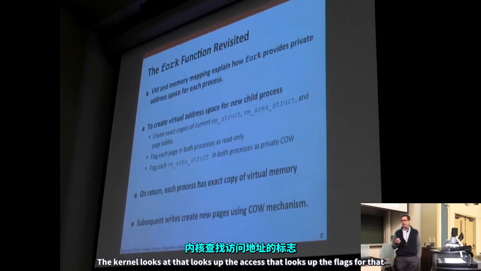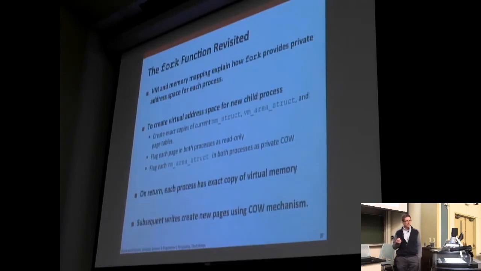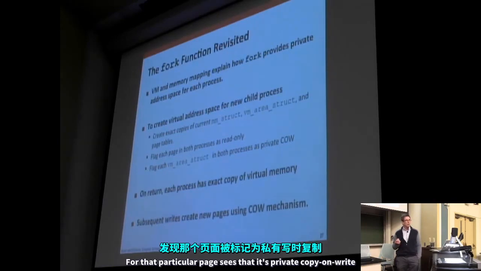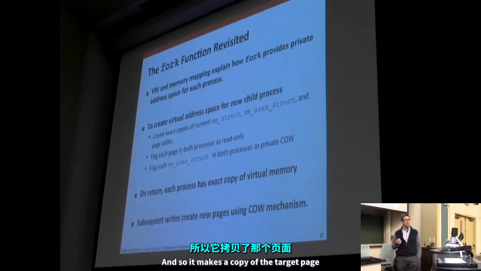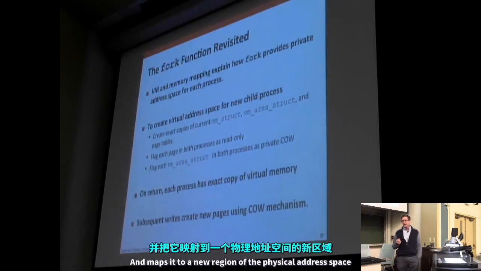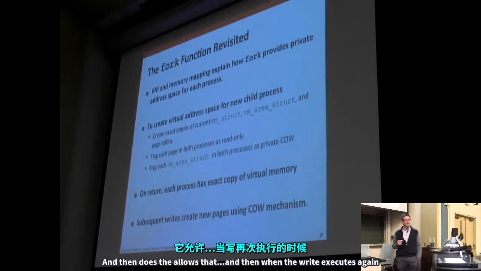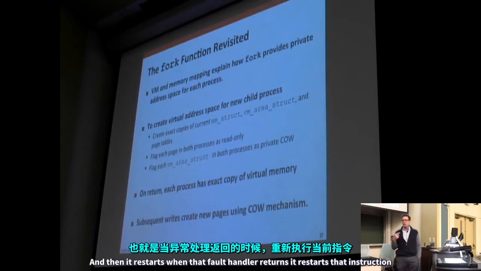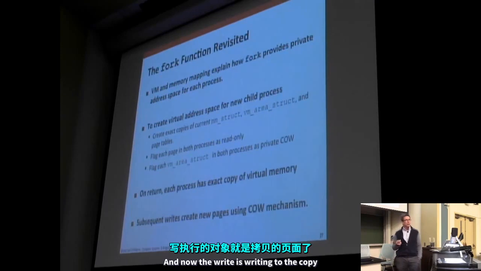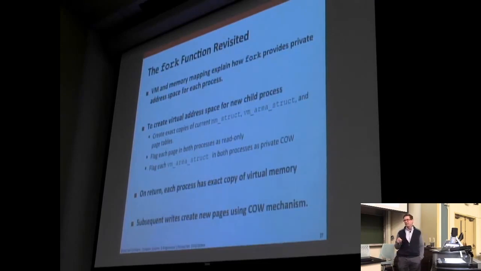The kernel looks up the flags for that particular page, sees it as private copy on write, makes a copy of the target page and maps it to a new region of the physical address space. When the fault handler returns, it restarts that instruction, and now the write is writing to the copy.